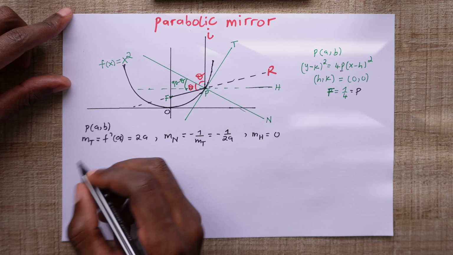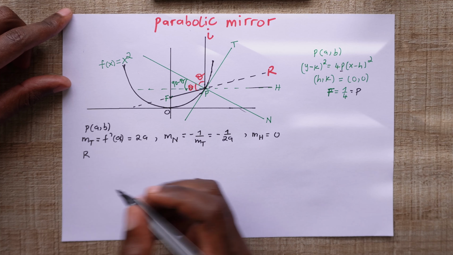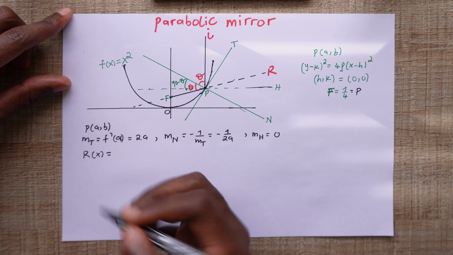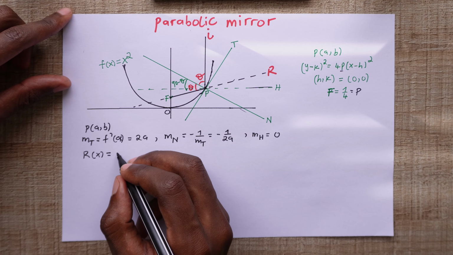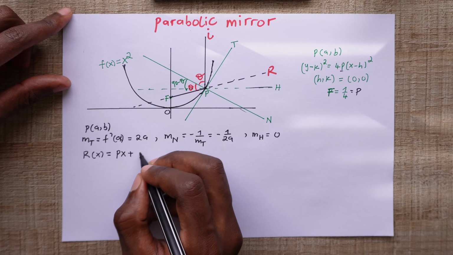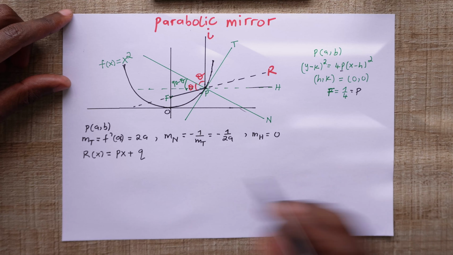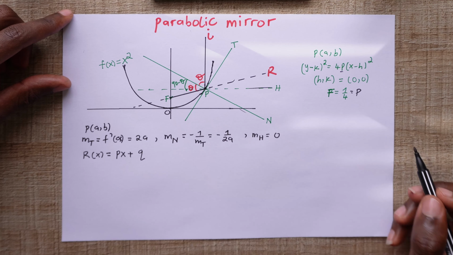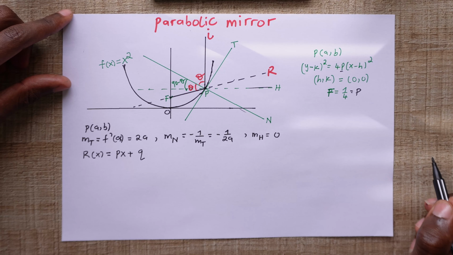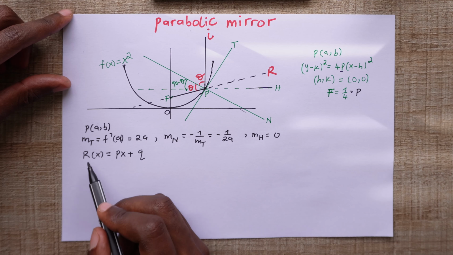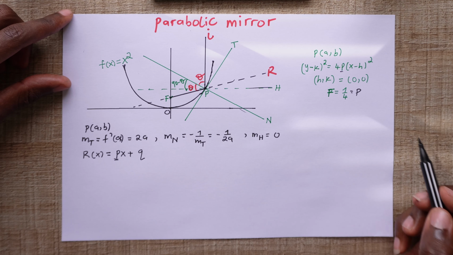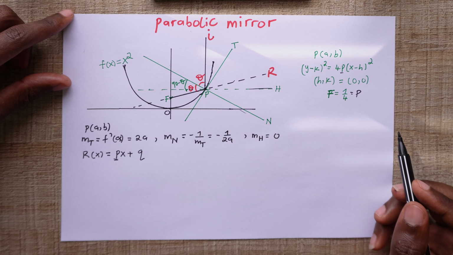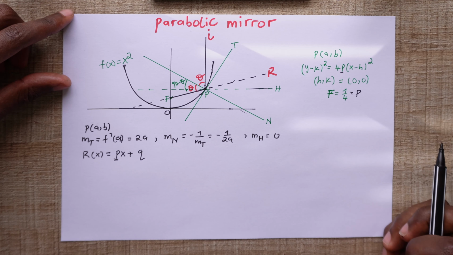We want to look for R. Let's call its equation R of x. We know that the equation of a straight line is of the form px plus q, where p is the gradient and q is the y-intercept, which is what we are looking for in this case. So if we want the equation of R, we first need to know its gradient or its slope. And to look for that slope, we are going to use a simple trick.